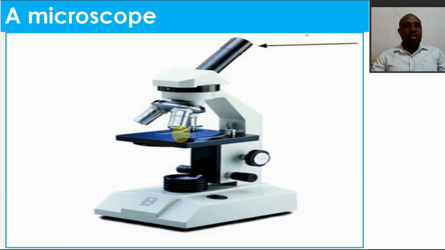A microscope is used to see small organisms that cannot be seen with our naked eyes. Mostly it is used by lab technicians who work in hospital laboratories, and any other laboratory where they want to see something that is too small.